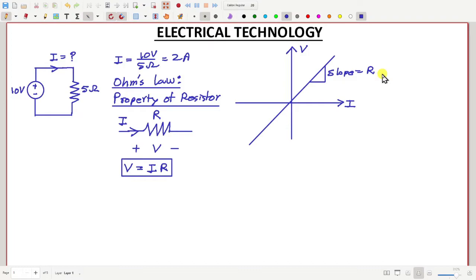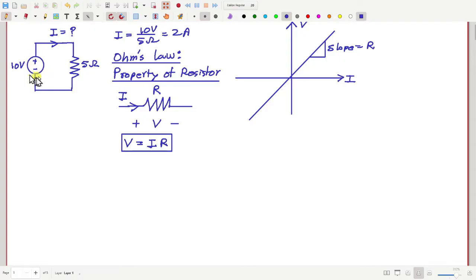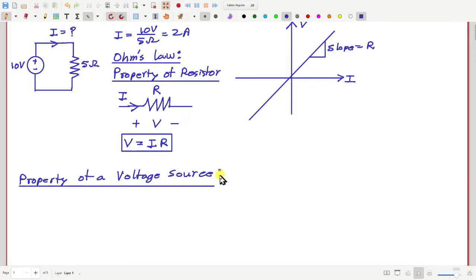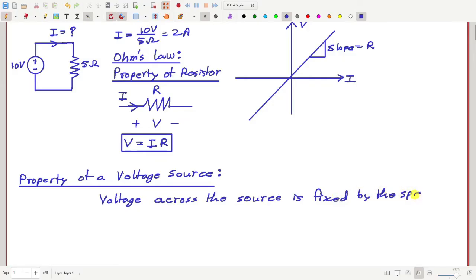In this circuit, we also have a voltage source here. Now, what is the property of a voltage source? Of a voltage source, the property is as follows. The voltage across the source is fixed by the value of the source, by the specified value of the source.